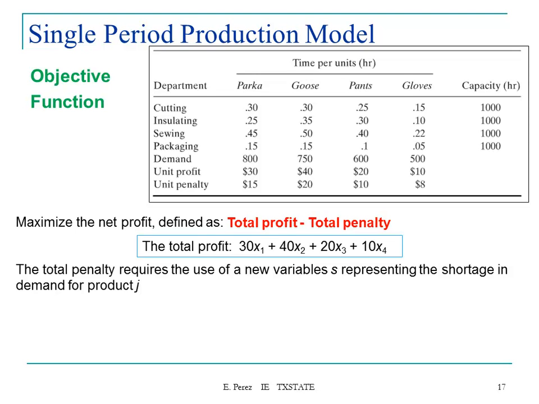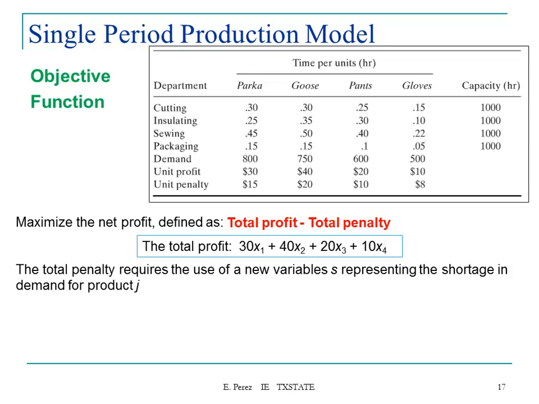So for the first unit, which is the party jacket, $30 times the units that you will produce, $40 times the units that you will produce, and so on. Now you need to find a way to address the issue about the penalties. One way to do that is by using a new variable that will represent those units that you're not able to produce.